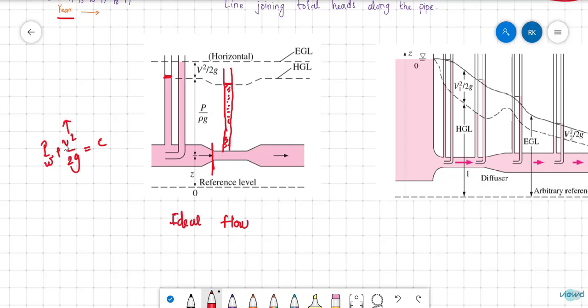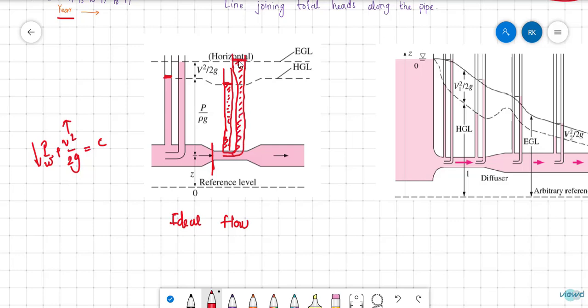To maintain energy constant, the pressure should decrease. So up to here only the liquid rises. And if I attach a pitot tube, up to where does it rise? Up to here it rises.